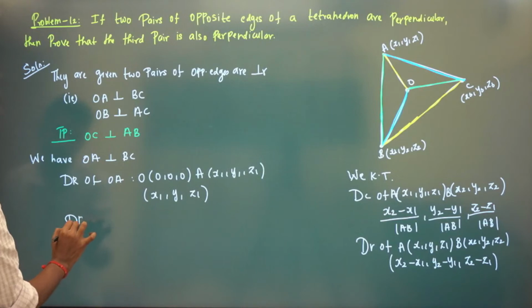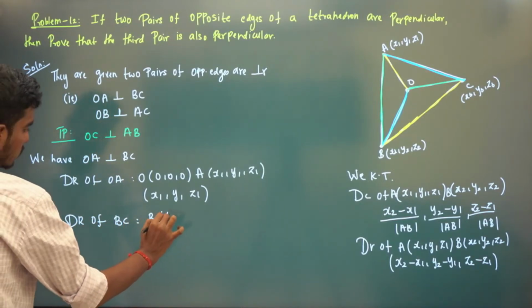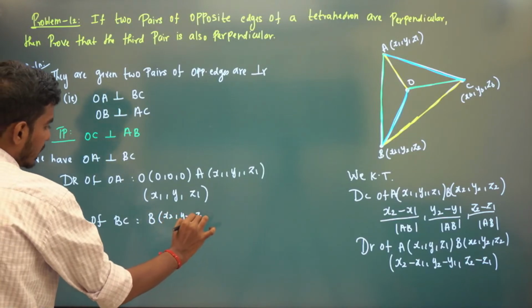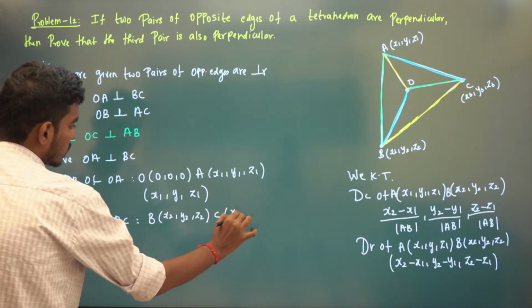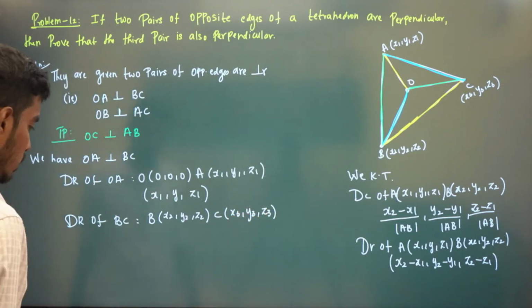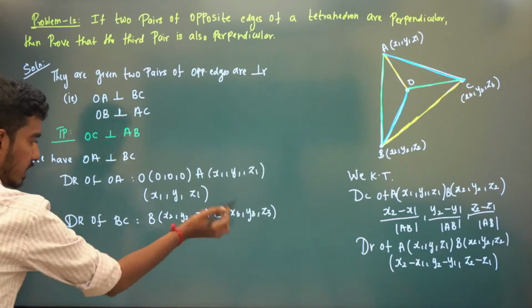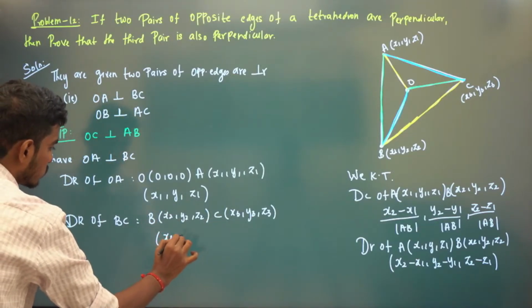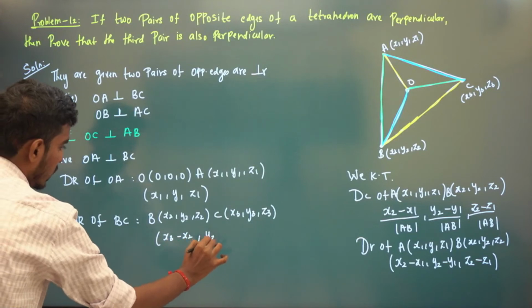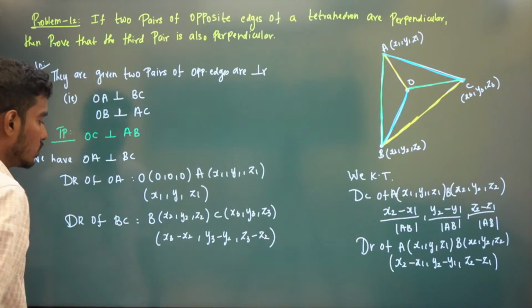Now what about the direction ratio of BC? B is x2, y2, z2 and C is x3, y3, z3. So the direction ratio is x3 minus x2, y3 minus y2, z3 minus z2.